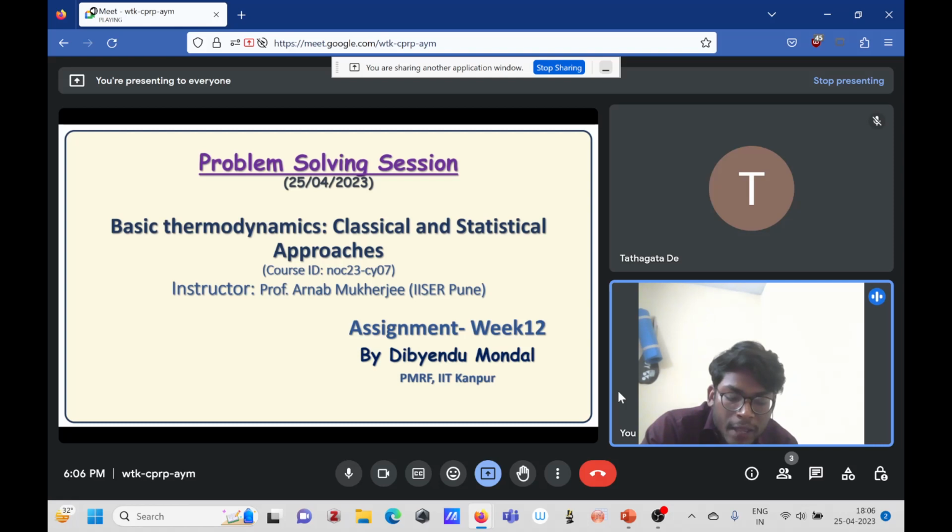Now the Jacobian is nothing but a matrix method. We are doing some matrix algebra.